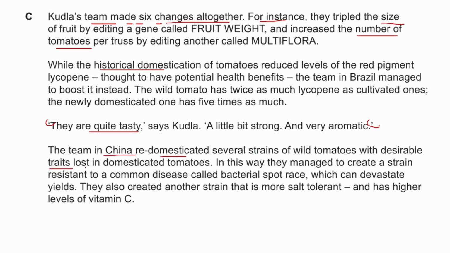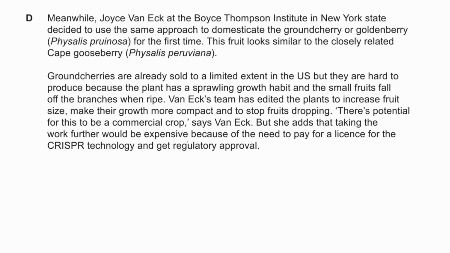All right, next one, paragraph D. Van Eck, it's about another team in New York and what they did on cherries, ground cherries, already sold. Okay, I don't remember anything about cherries in the question, so I prefer to skip this part.